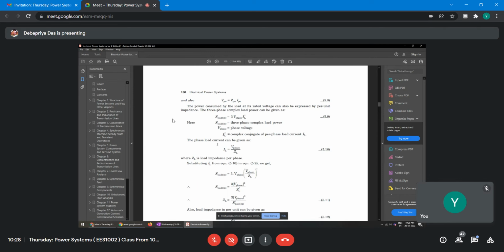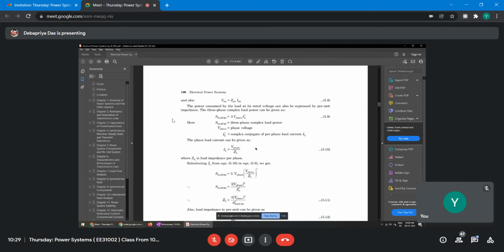Now the phase load current can be given as I_L equals V_phase upon Z_L, because V_phase is equal to Z_L into I_L, where Z_L is the load impedance. Therefore, you substitute this I_L from equation 10 in equation 9.